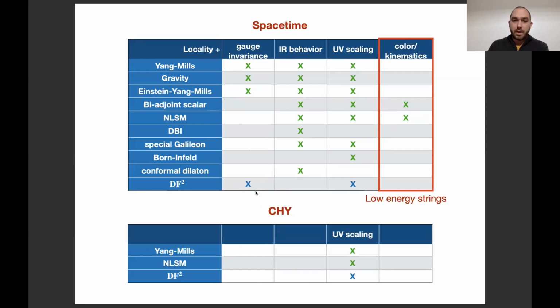So we've added to this list of theories over here CHY. So it looks like UV scaling is winning, at least so far. And here I should say the blue X is because I have to impose that extra condition that I don't get any E.E factors.